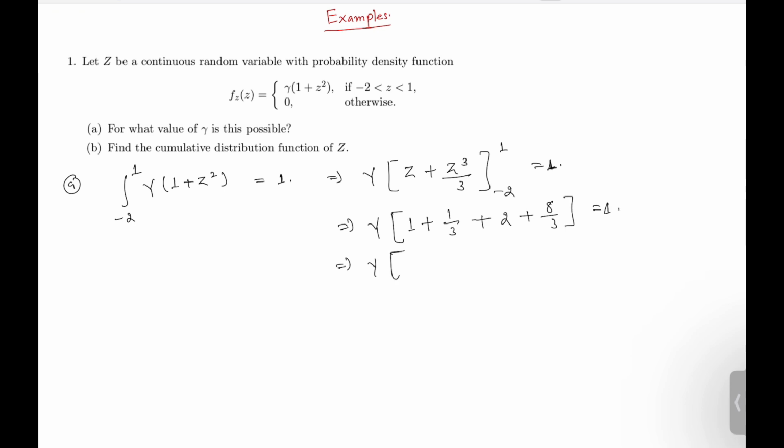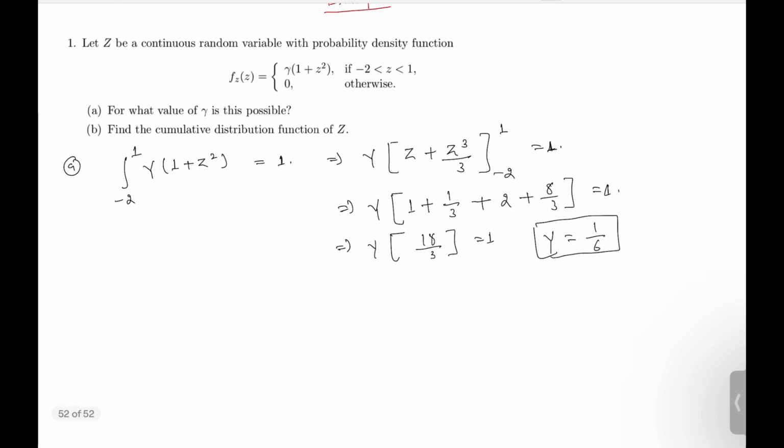Gamma times this will be 3 plus 1 is 4, 4 plus 6 is 10, plus 8 is 18. So 18 divided by 3 times gamma is equal to 1. From here we can see that gamma will be 3 divided by 18, that is 1 divided by 6.